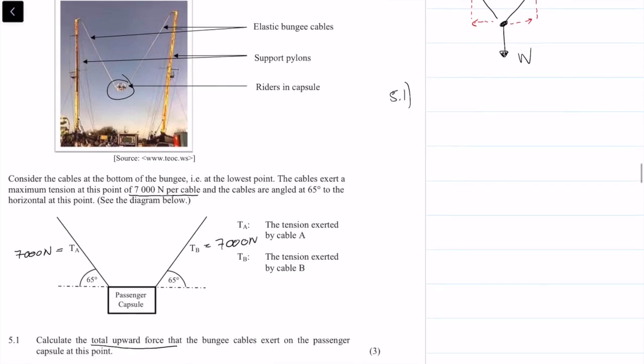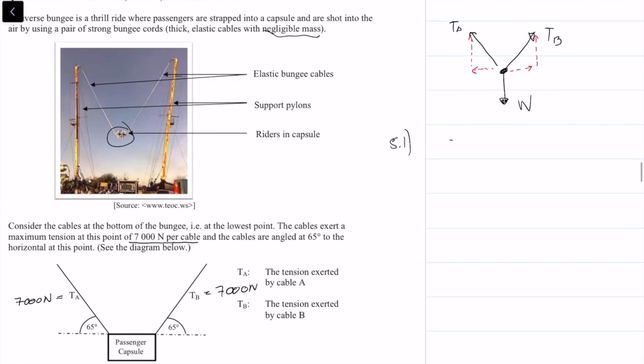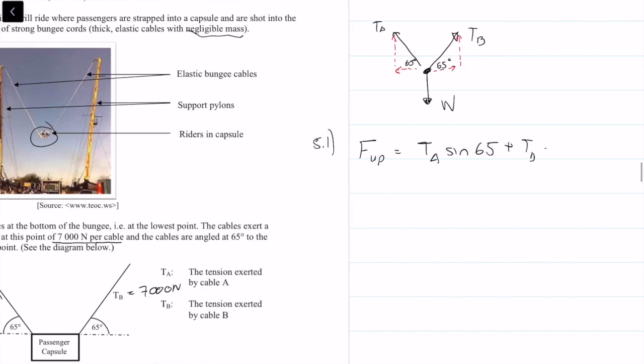So it says the total upward force. The force upwards is going to be TA sine 65 plus TB sine 65. But TA and TB are both equal, so we can say it's 2 times the tension times sine 65 degrees.